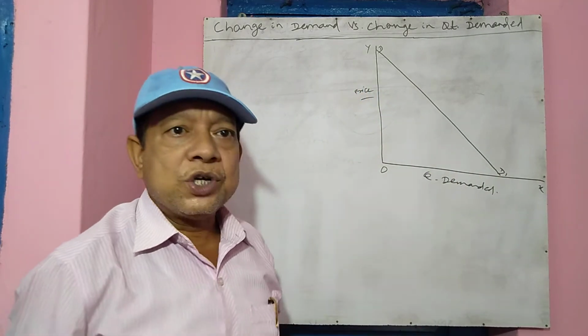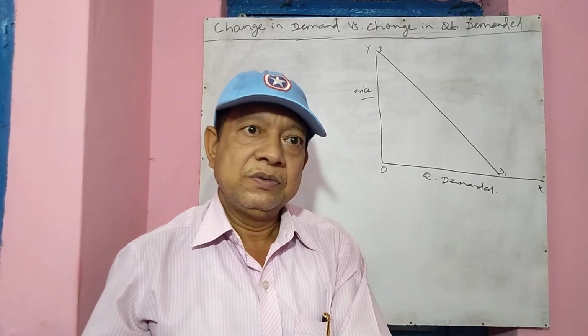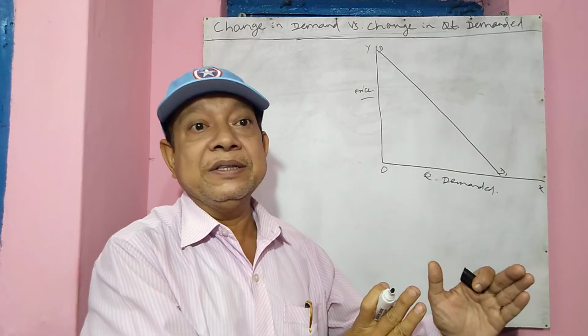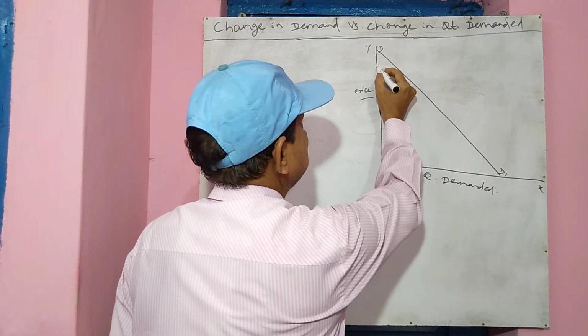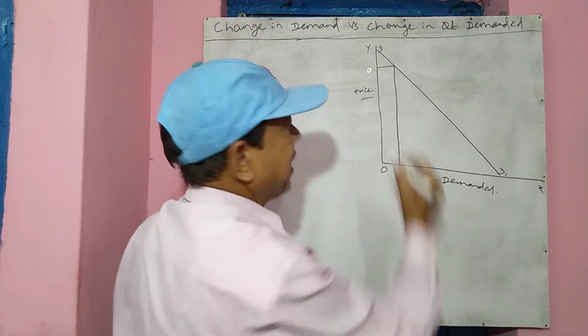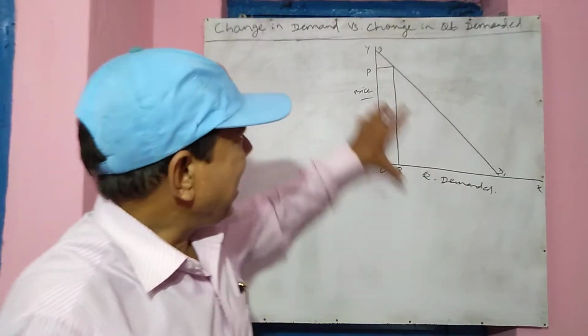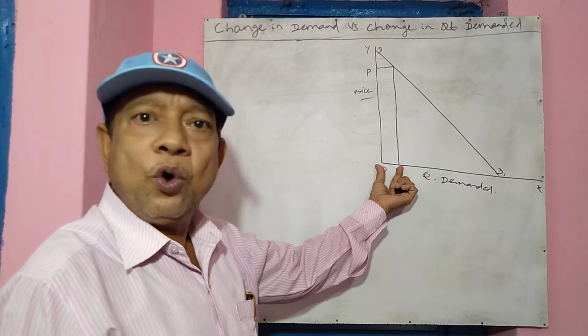Now, I told you just now, with change in price, demand will change, and other things will remain constant in this case. So, let's say price was OP. If price is OP, then quantity demanded is OQ. Here at a high price, demand is very low.